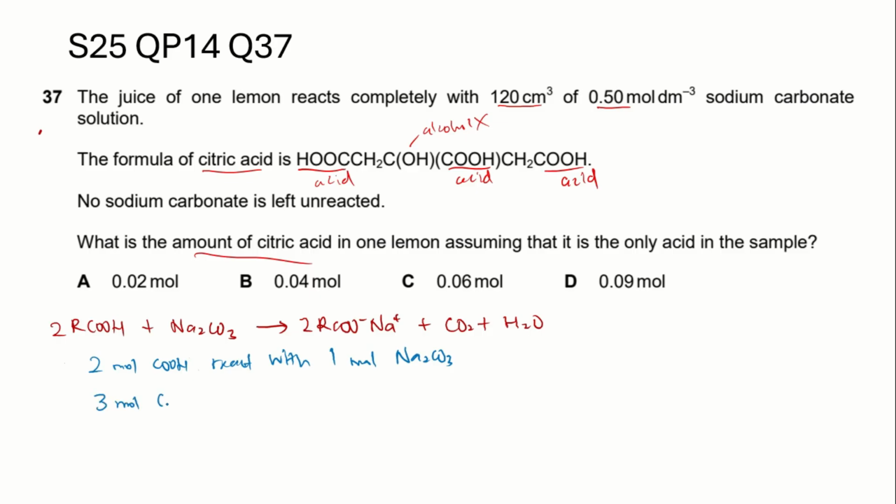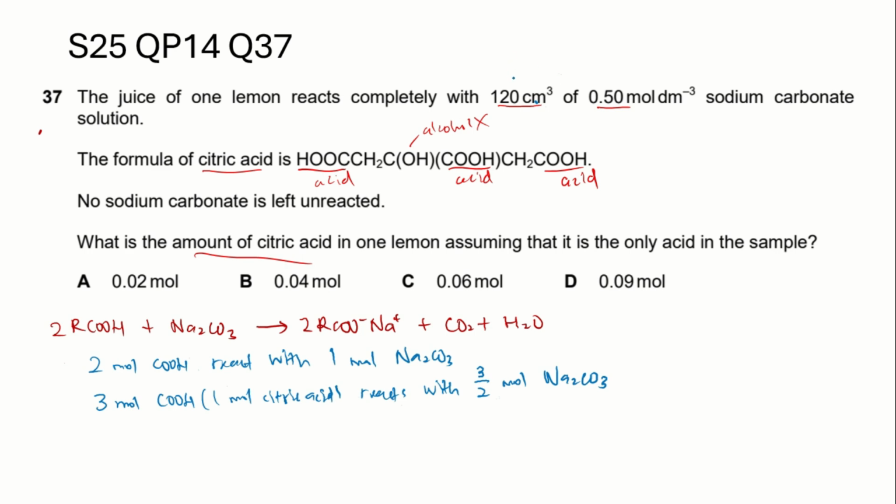So I have 3 moles of COOH in 1 mole of citric acid. So 1 mole of citric acid will react with 3/2 mole of sodium carbonate.